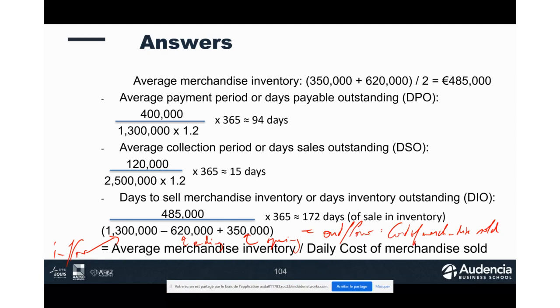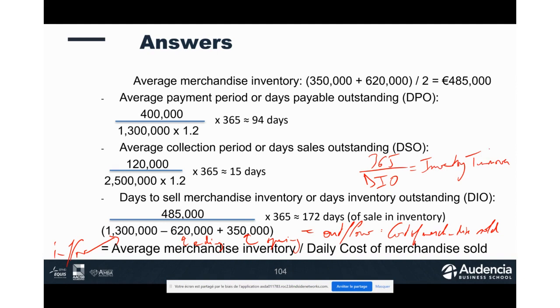If we want the turnover, we do 365 days divided by the days inventory outstanding. So now we have the inventory turnover, here the merchandise inventory turnover. It's the same for everything.